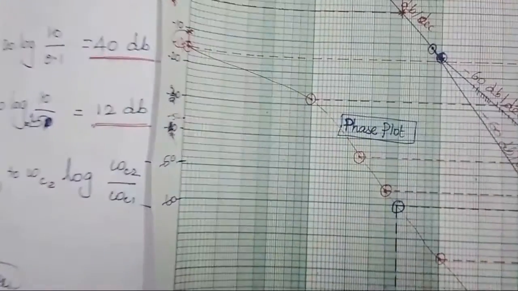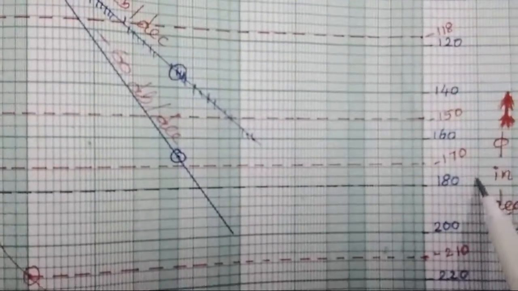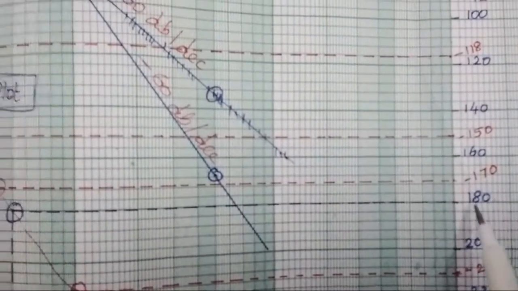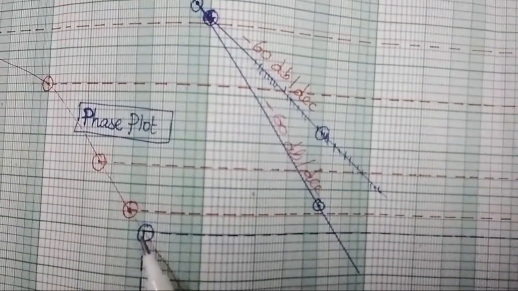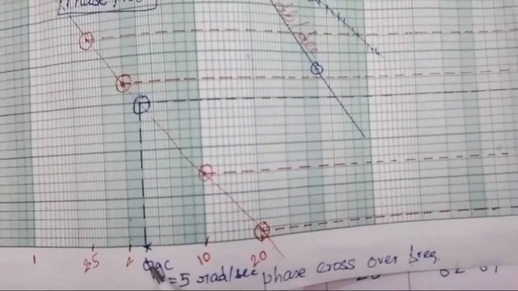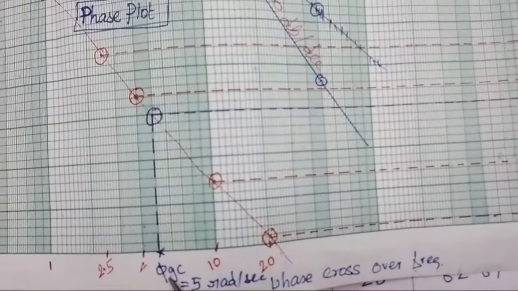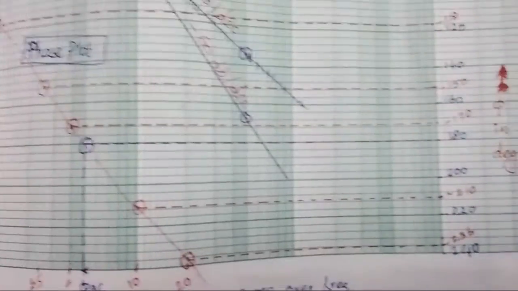Then through the phase plot, you just observe minus 180 degree. Track the point where minus 180 degree cuts the phase plot; the corresponding frequency is the phase crossover frequency. Here it is 5 radian per second. Could you understand?